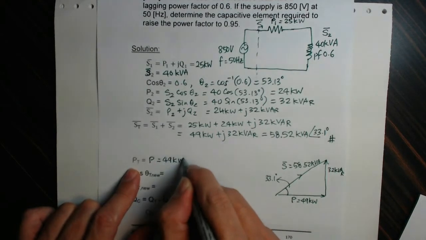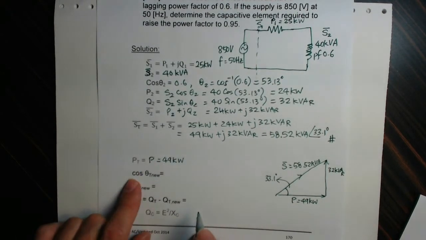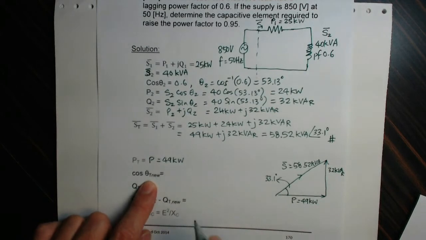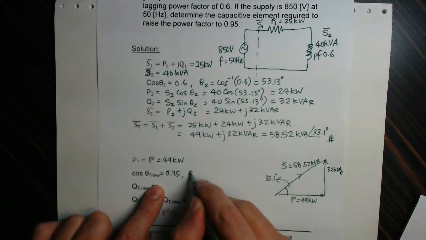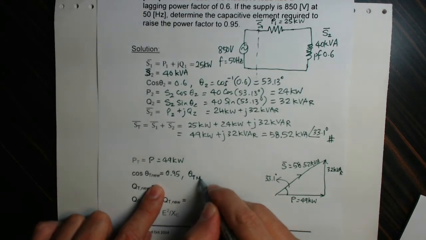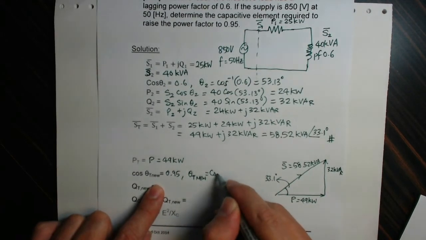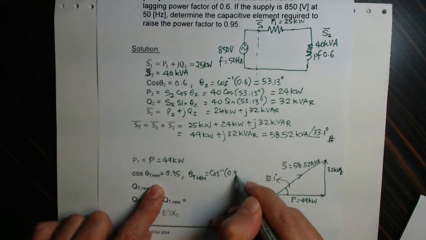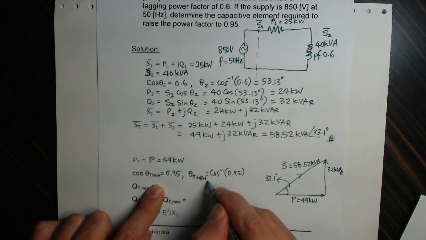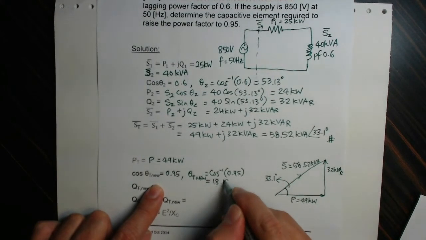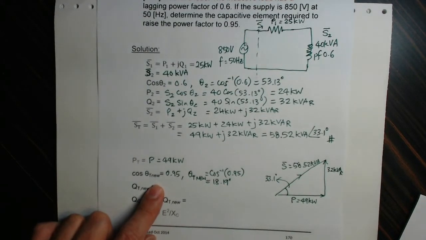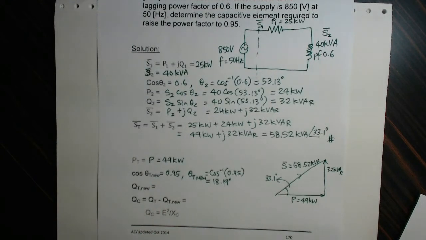Now the new power factor, the one that we are trying to aim for, is 0.95, which means that the new angle must be cosine inverse of 0.95, which gives me an angle of 18.19 degrees.